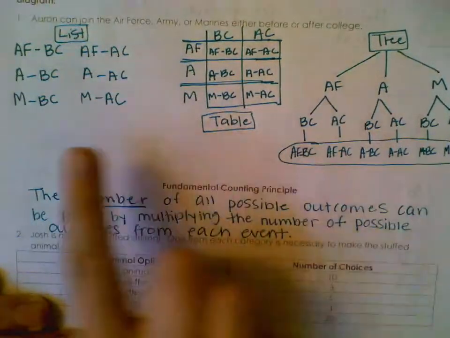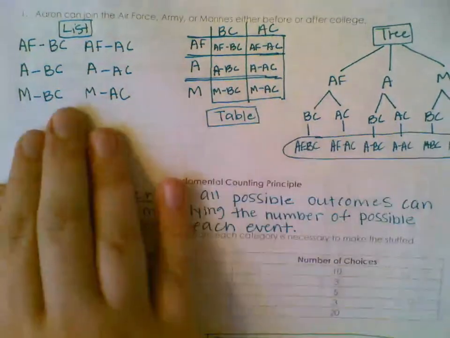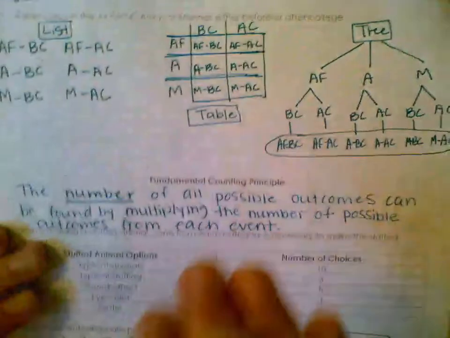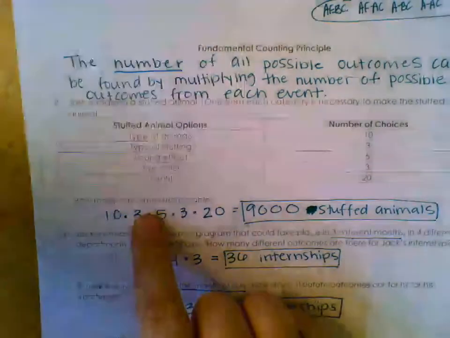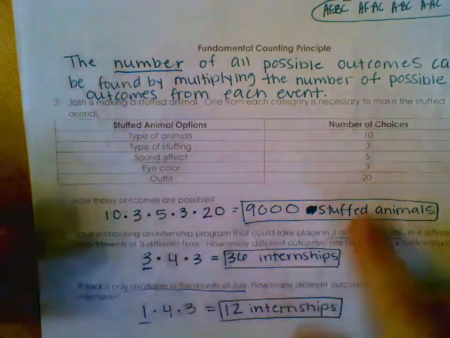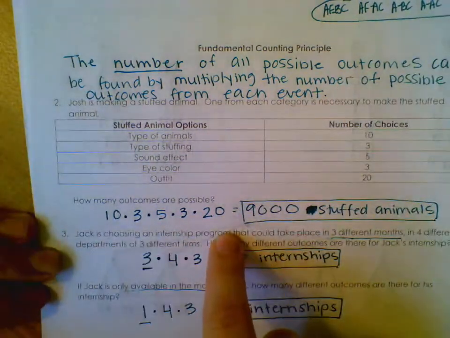You can have your choice. You can just write them out, you can make a table, or you can make a tree diagram. I want to see the list in the sample space. If I just ask you how many possible outcomes, you could make a sample space and then tell me how many there are, or you could just use the fundamental counting principle, multiply your choices together, and tell me how many choices there are.